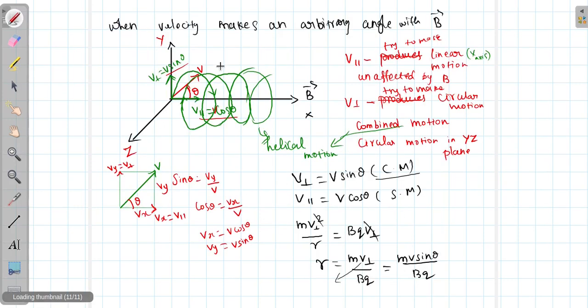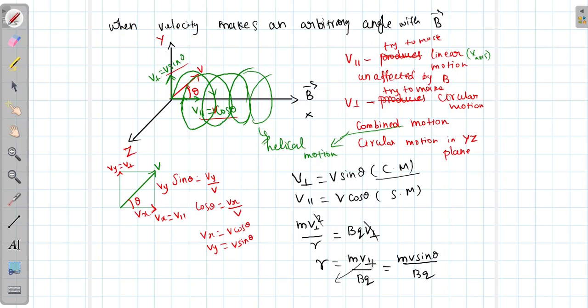Whenever the charged particle moves in a magnetic field making an angle theta with it, the velocity components must be dealt with. The parallel component tries to produce linear motion. The perpendicular component tries to produce circular motion. Therefore, the combined effect produces helical motion.